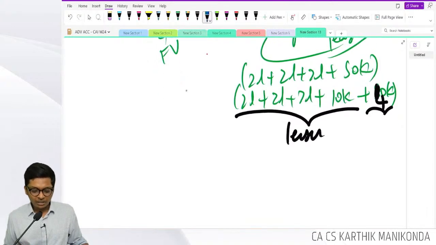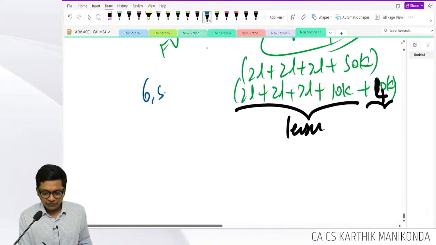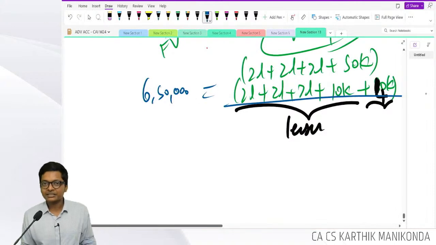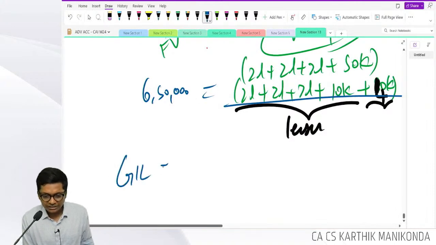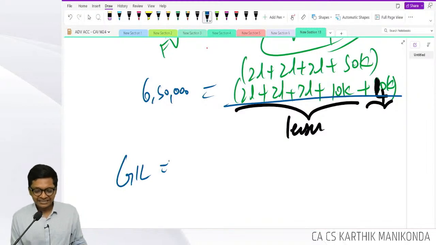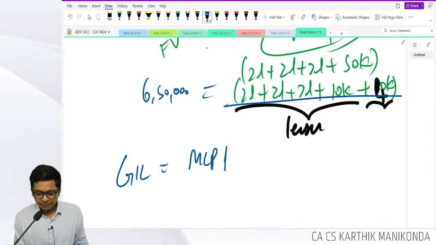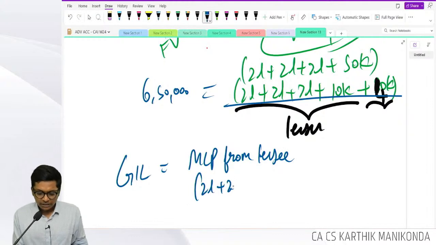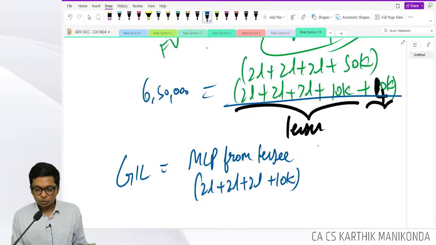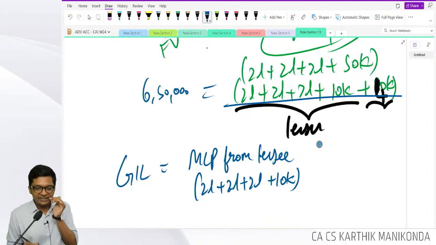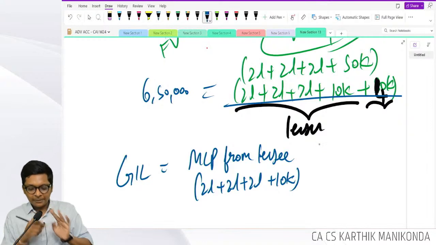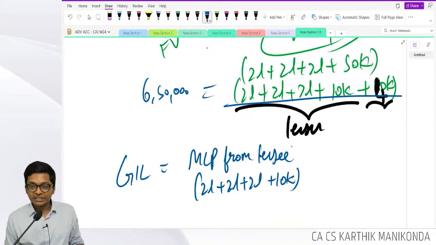So my formula, can I say 6.5 lakhs is equal to this? So 6.5 lakhs, gross investment in lease, is equal to MLP from lessee. What is lessee paying? 2 lakh plus 2 lakh plus 10,000. So MLP from the standpoint of lessee includes the lease payment plus GRV.